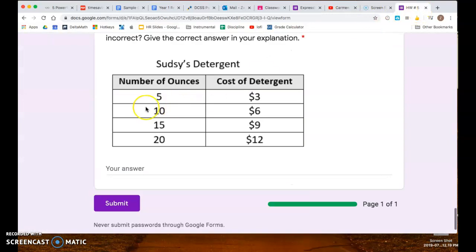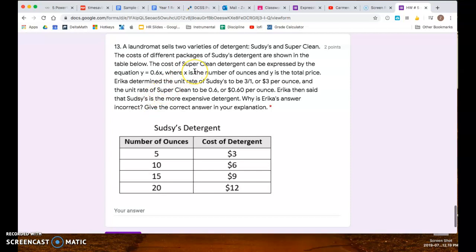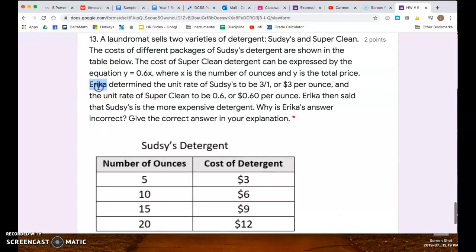Let's see. How's this going to help you with, say, problem 13? Well, first of all, read this problem carefully. Erica is claiming things, and everything she claims may not be true or correct. She may be making errors.